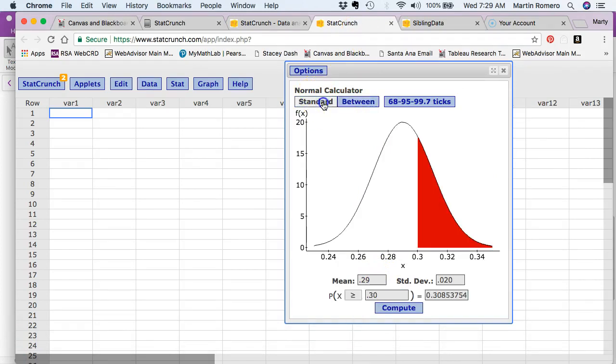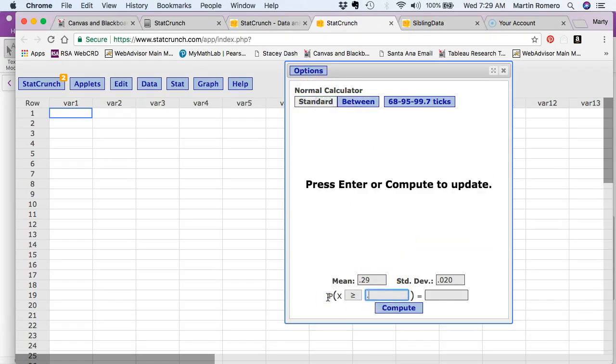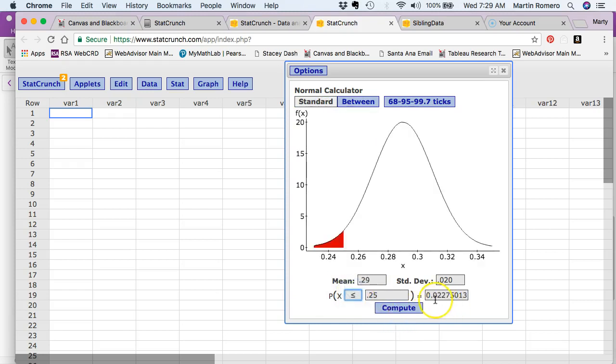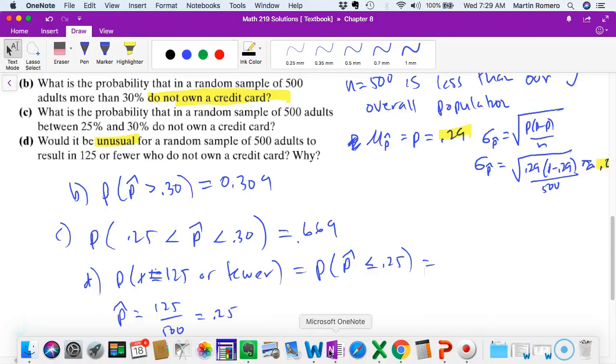We just do that same calculation that we had: put a less than 0.25, compute, and you get 0.023 here.